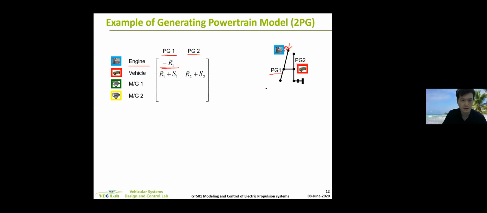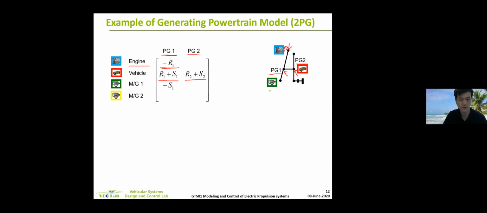And then next, you move on to the vehicle. So vehicle is connected to this node. But this node is also connected to this node, which is carrier. So you put R1 plus S1 for PG1 and R2 plus S2 for PG2.